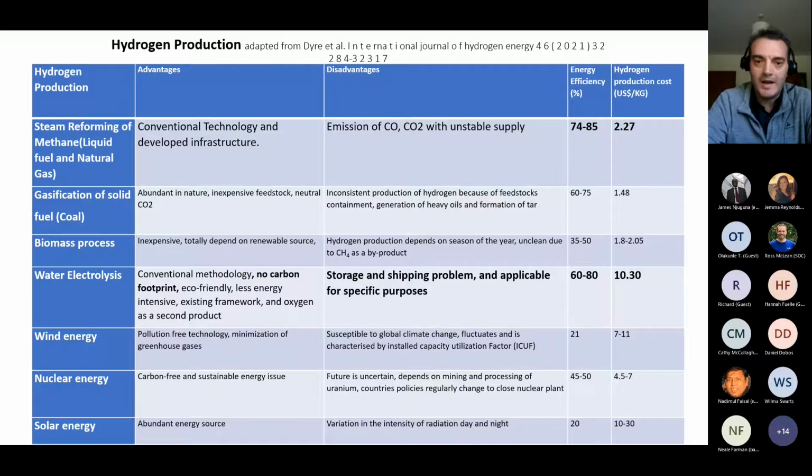But as we can see, the 60 to 80% efficiency is quite high. The other disadvantage is the price, at the moment 10.3. We will talk about why the price is so high later on.